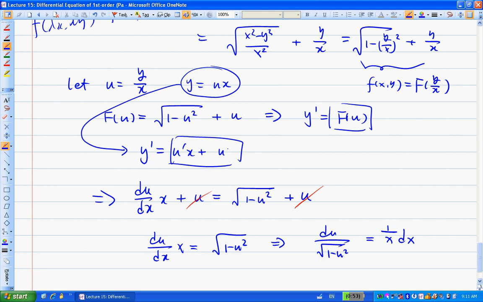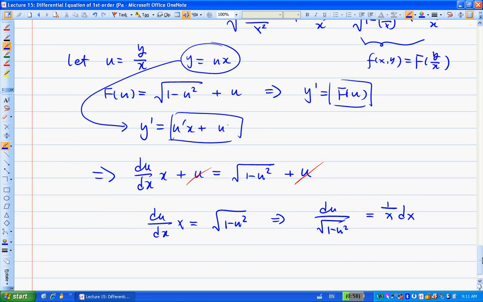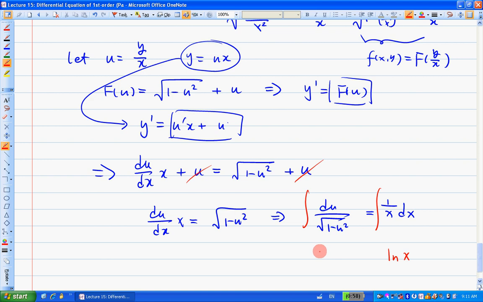Is this clear? Okay, so now you integrate. I guess this is very simple. This is just ln x here, right? What's this integral? Cosine, that's right. Sine or arcsine, right? Arcsine, yeah.